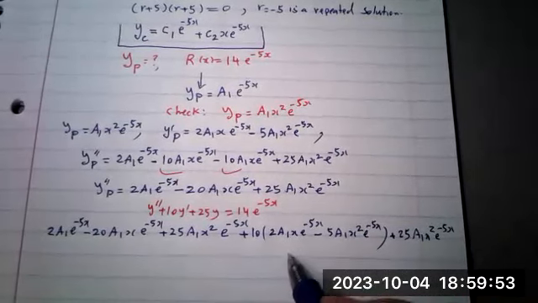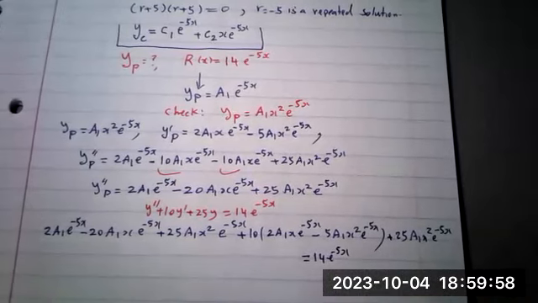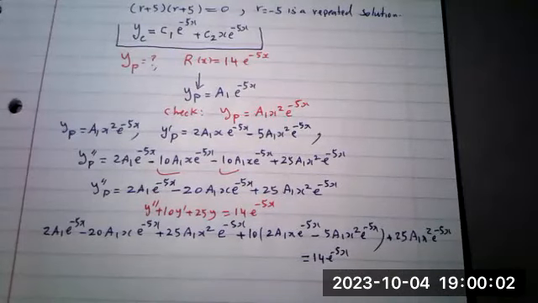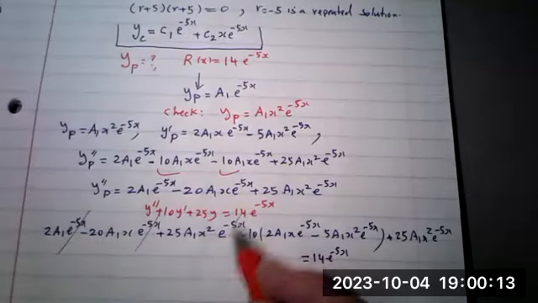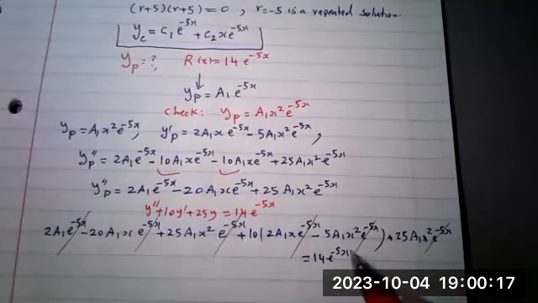Everything equal to 14 e to the negative 5x. That's it. You have to simplify. You can divide all of them by e to the negative 5x and then continue, because you have to simplify these, combining the like terms and then just keep going, you see. That makes it easier.